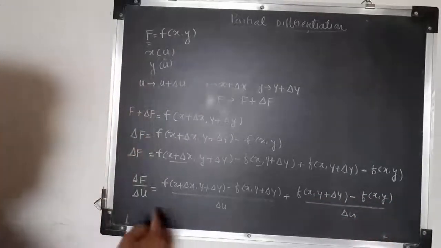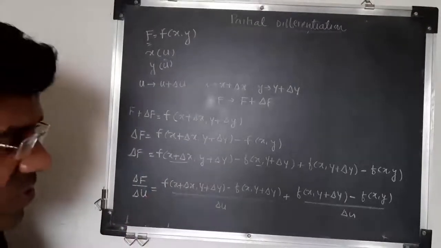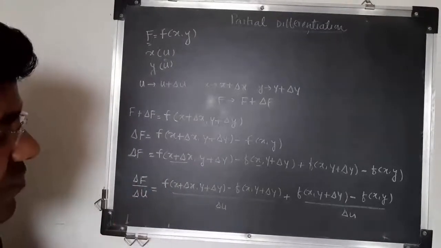So this denominator is the same and it is cancelled, you will get the original term. Okay, so we have only divided by delta u.